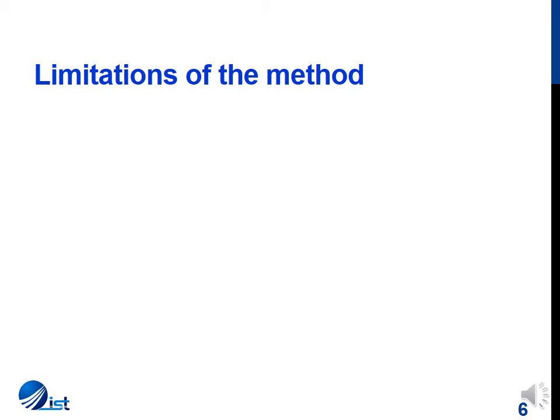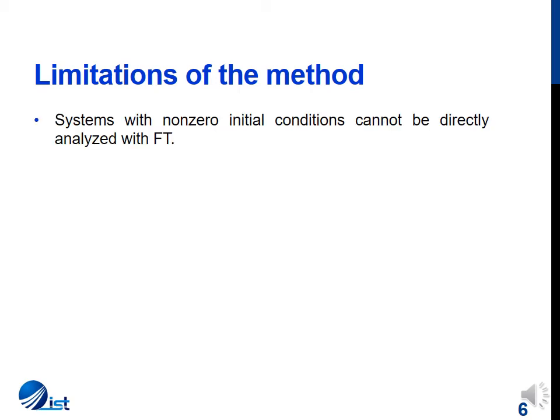The first limitation is that systems with non-zero initial conditions cannot be directly analyzed with Fourier transform. If the system has initial conditions, we have no way to incorporate those in the Fourier transform expression.